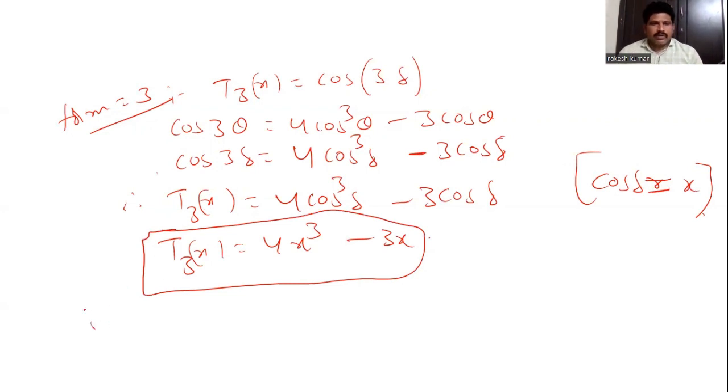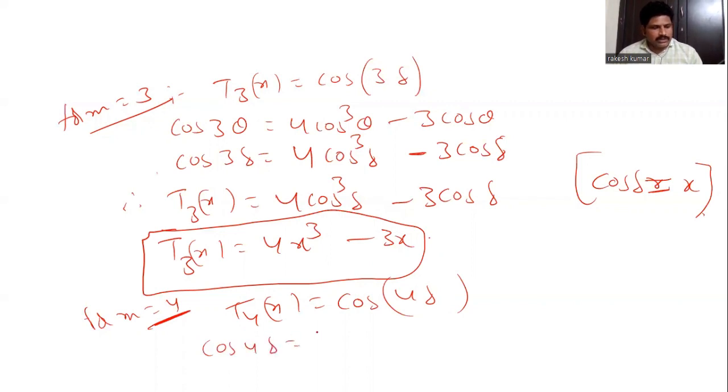Similarly, you can go for m is equal to 4. What is the expression for T4 of x? It is cos 4 delta. What is the expression for cos 4 delta? Cos 4 delta is equal to 2 cos square 2 delta minus 1.